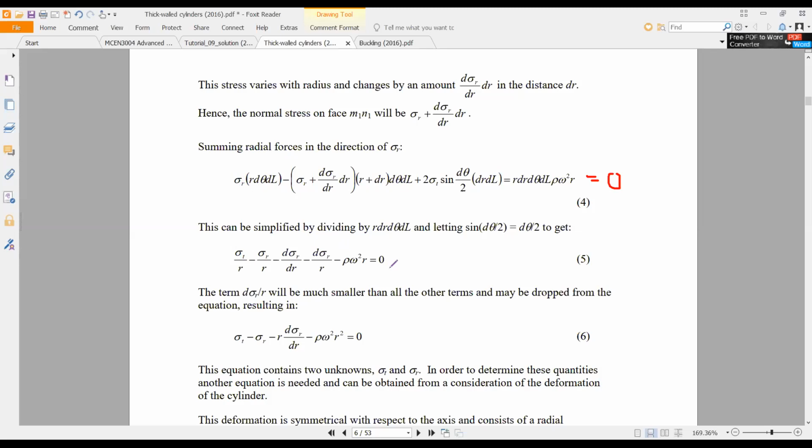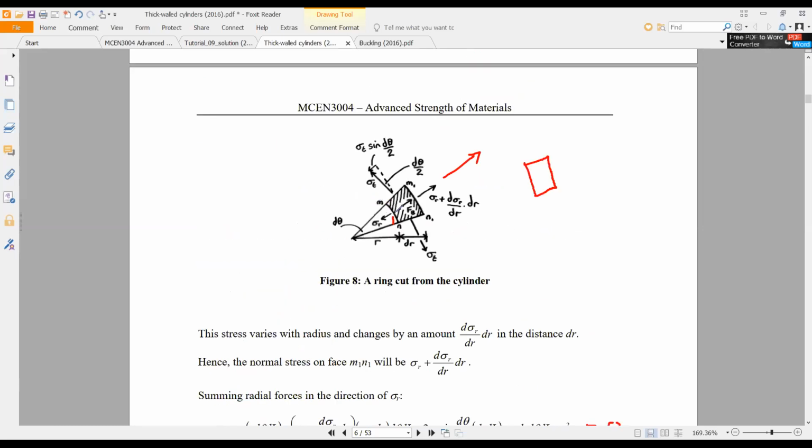So then what you need to do, here you can see d sigma r divided by r in this one. This d sigma is the drop of the radial stress.